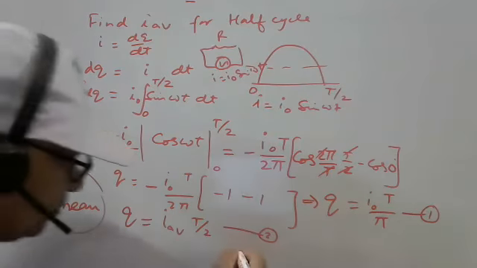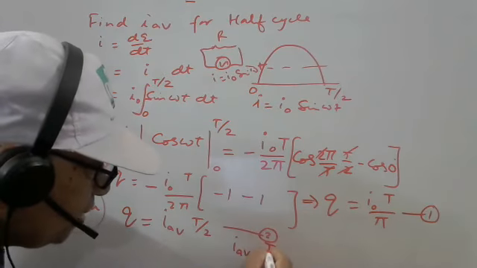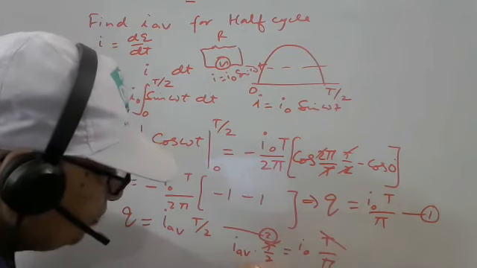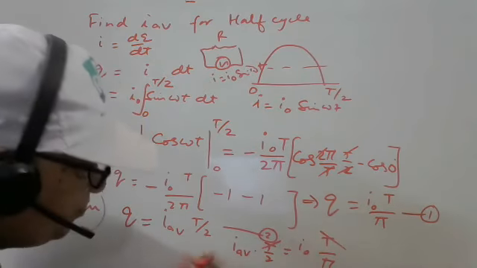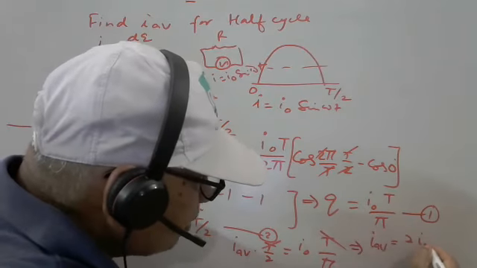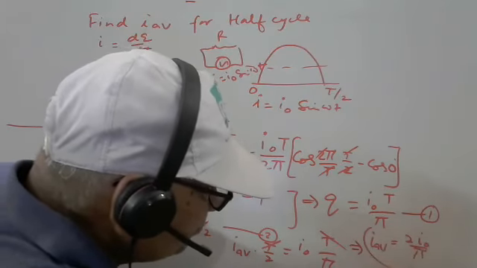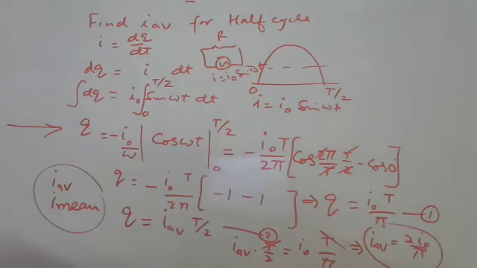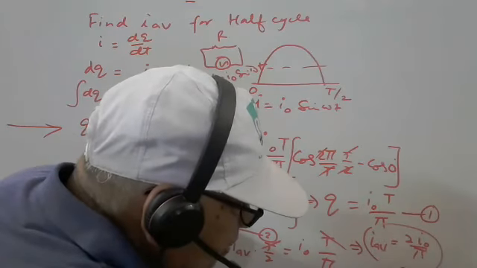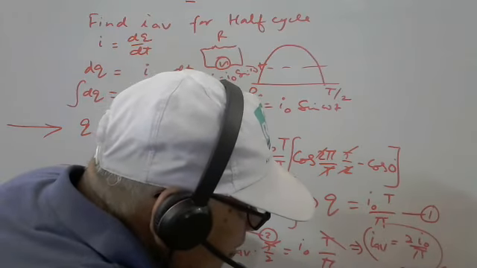We are getting I average T by 2 equal to I naught T upon pi. T cancels out here. What is the value of I average? I average is 2 I naught upon pi. This is the final formula. If you put the value of pi as 3.14, it comes roughly 63.7% of I naught.